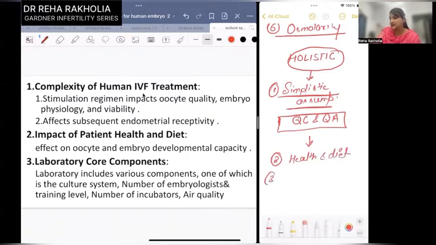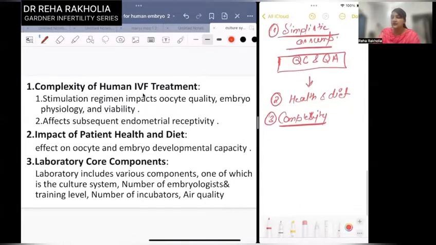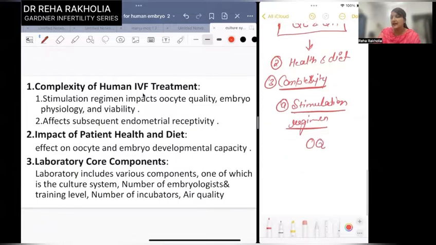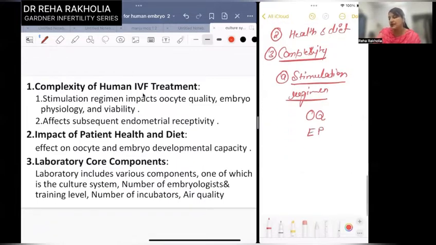Third, there is complexity in the treatment. What is this complexity? First is the stimulation regimen, which decides oocyte quality, embryo physiology and viability, and endometrial receptivity.